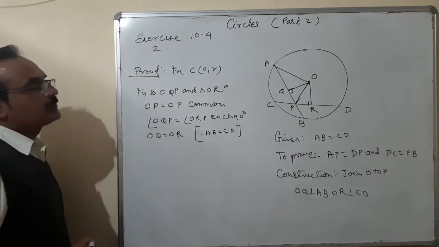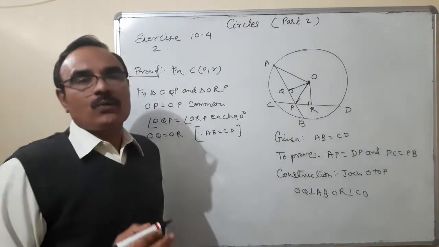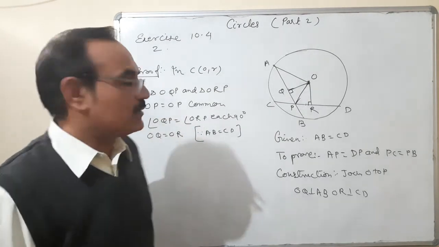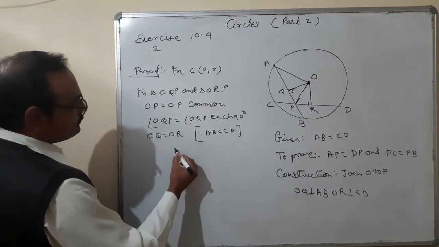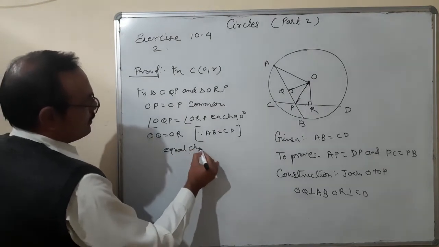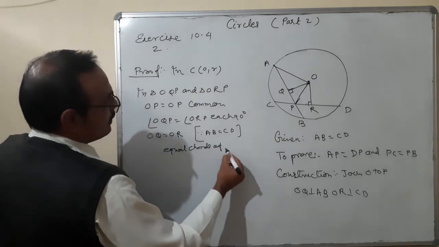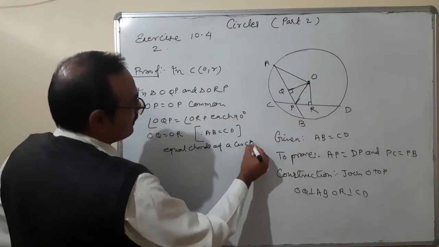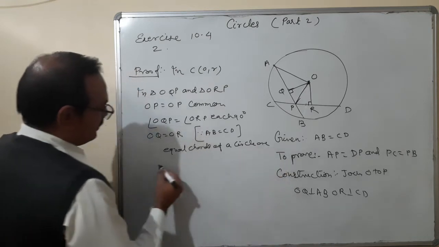One theorem is that equal chords of a circle are equidistant from the center.